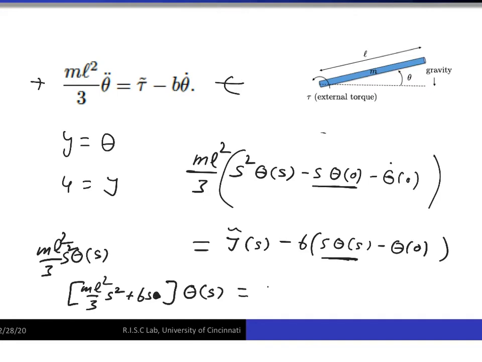So for now let's ignore this, just want to show you if one initial condition is not 0 then what happens. So mL square by 3 s theta 0, right? So we can separate out theta 0 terms, which is minus mL square by 3 s plus b, right? So that's your theta 0 term, and then you have tau s, right?